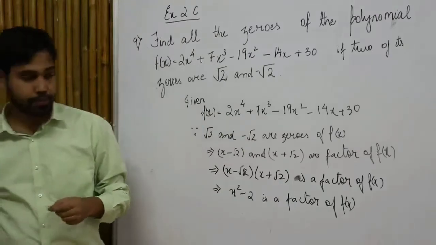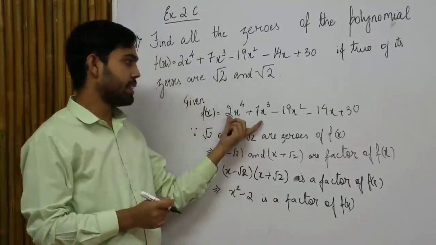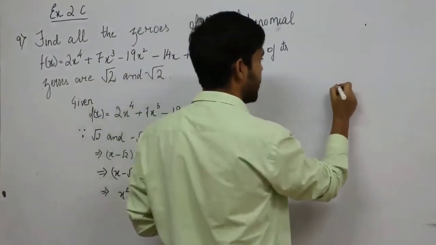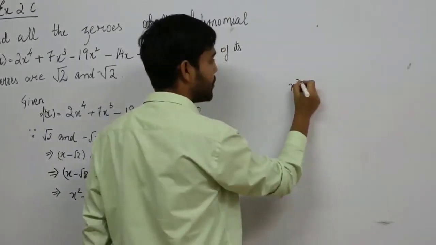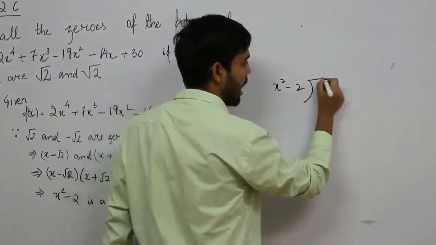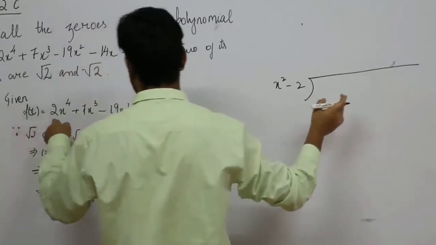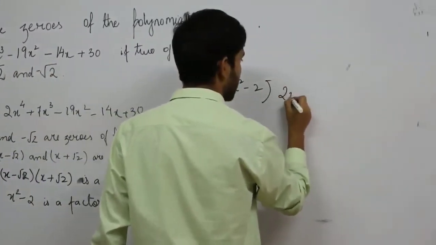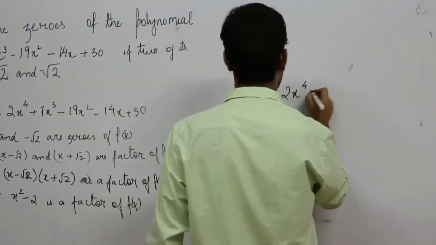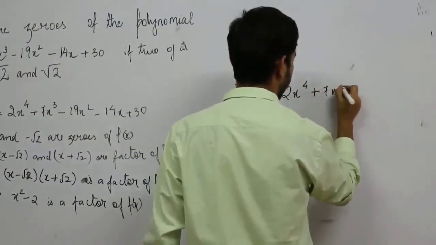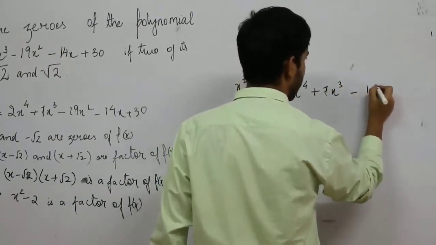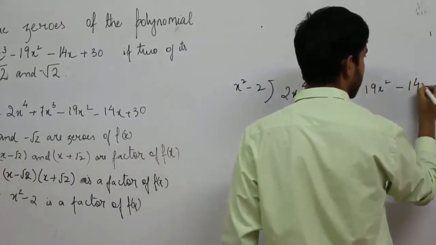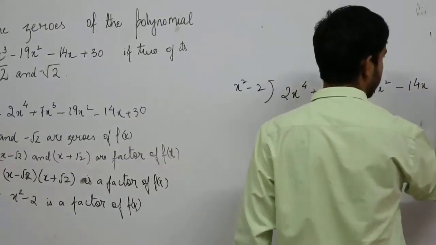Okay, so let's do this. Let us take this factor and try to divide. So I have x squared minus 2 dividing this polynomial: 2x to the power 4 plus 7x cubed minus 19x squared minus 14x plus 30.